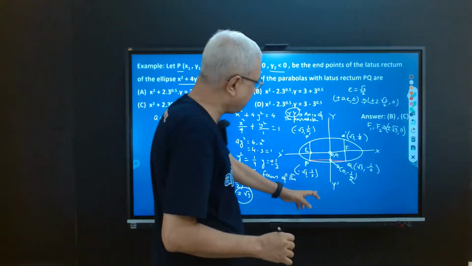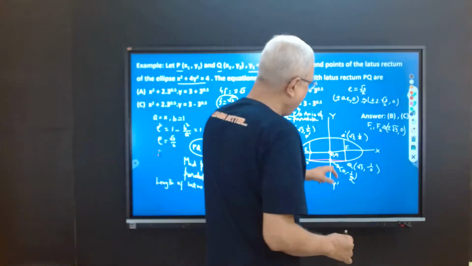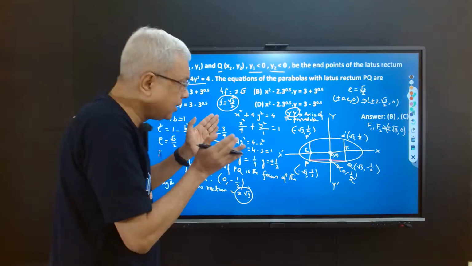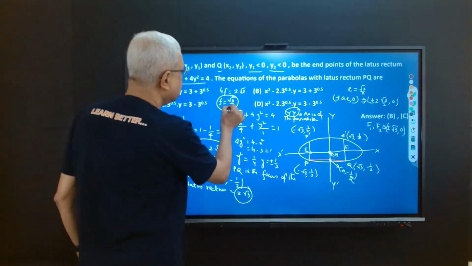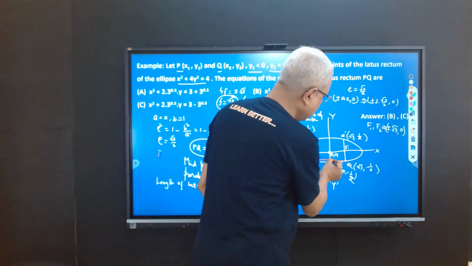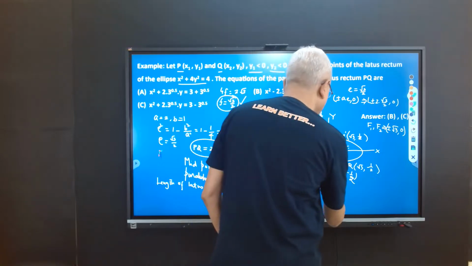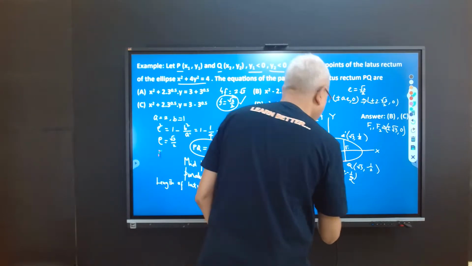Now the vertex of the parabola must lie on the axis of the parabola, and it is how much distance away from the focus? It is a focal length away from the focus. So the focal length we have found is root 3 by 2. If I call the vertex of the parabola V, the coordinate of V will be how much?